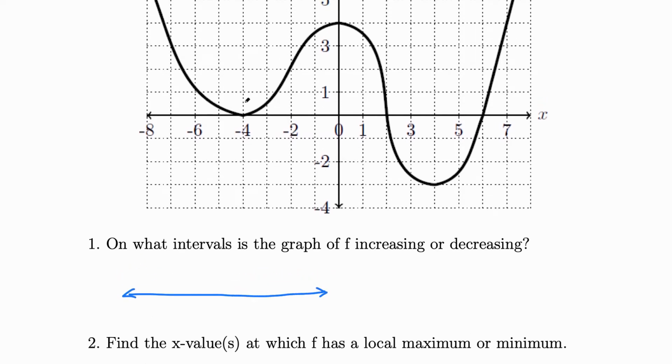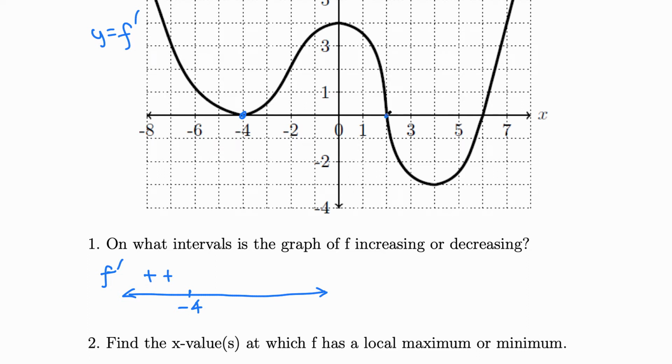F prime, by the way, is 0 at -4. To the left of -4, the graph of f prime is above the x-axis, which means positive.